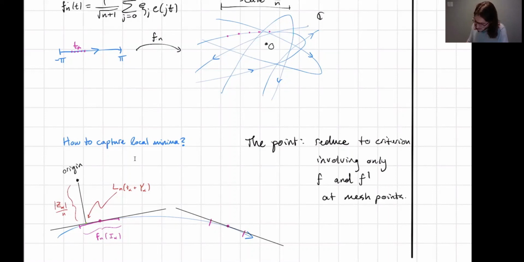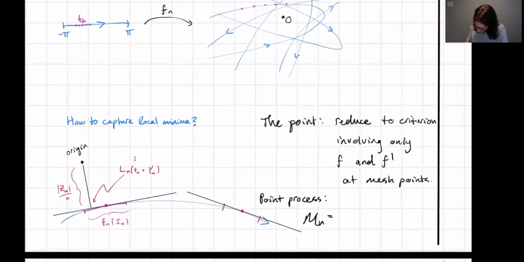See, this is in terms of the linearization, and so this criterion is completely determined by the polynomial and its derivative at this point. We only need that data in order to determine this. And then we build our point process. So here's our point process that approximates local minima. We call it script M.